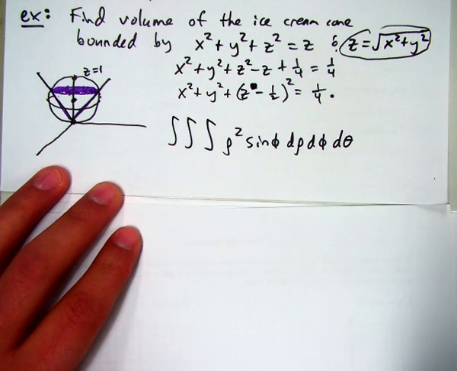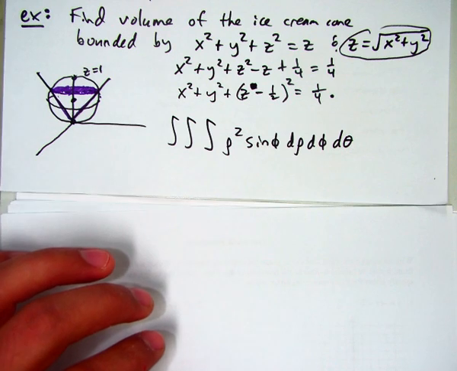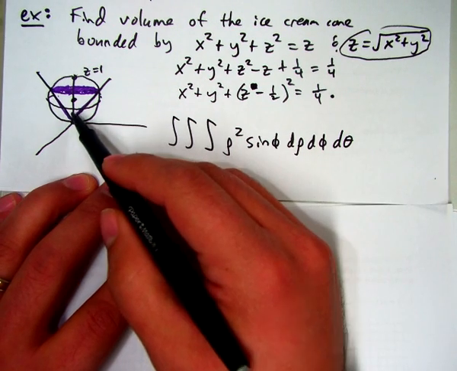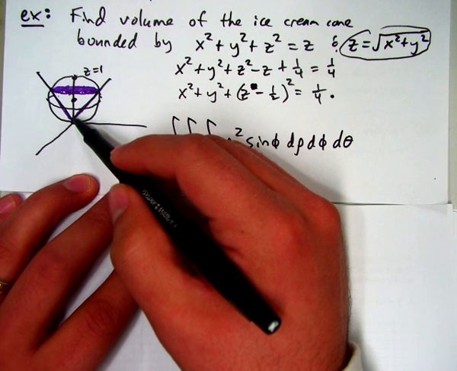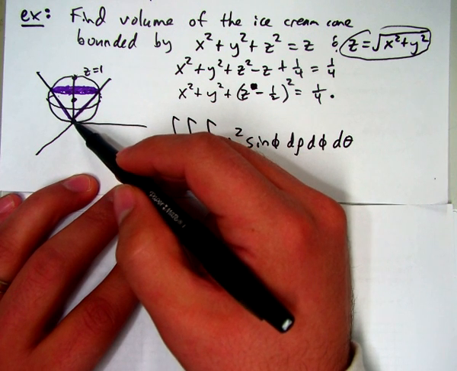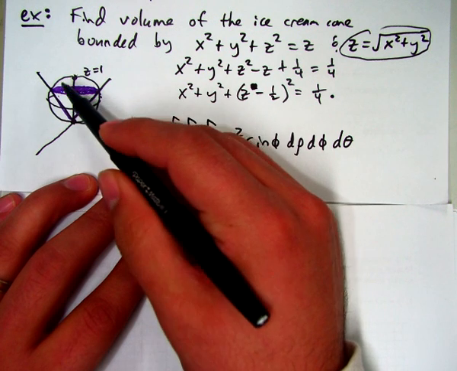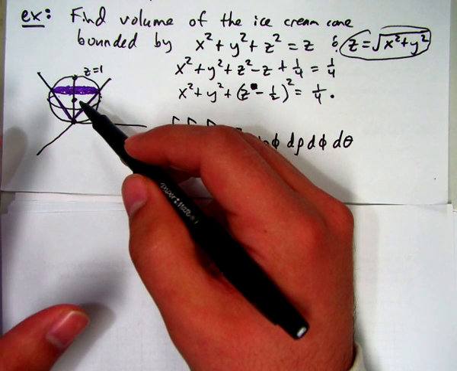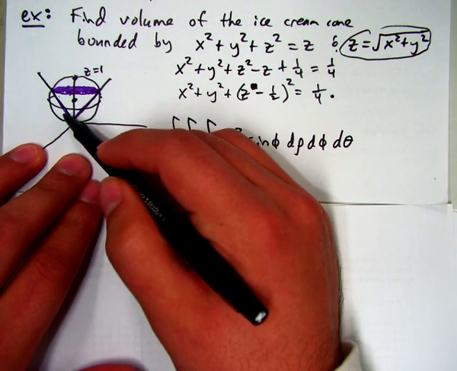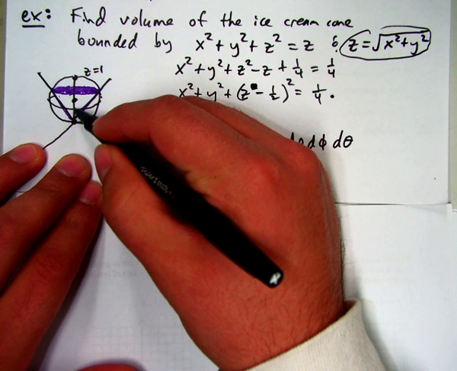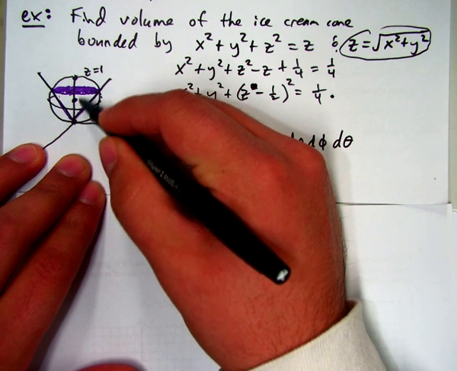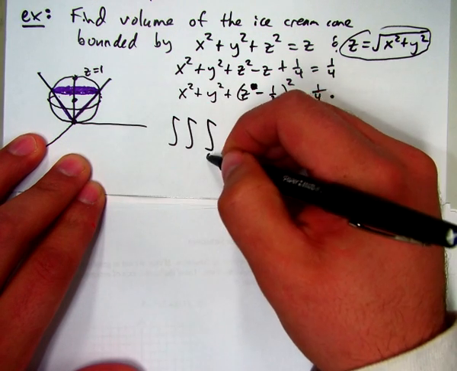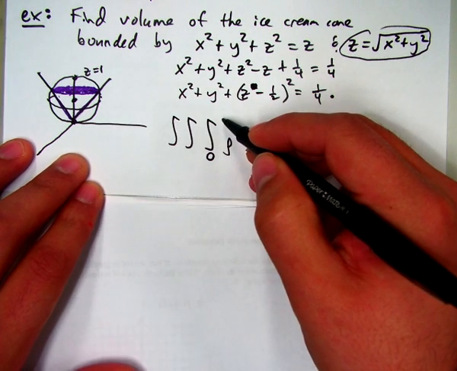Think about like in polar, you know how we started at the pole and we went outward to figure out what curves we intersected? Think going out and what we run into. So if these are the boundaries, just take any point in here and go out, what surface do you run into? The sphere. So we're going to go from 0 to the equation of the sphere in spherical coordinates.